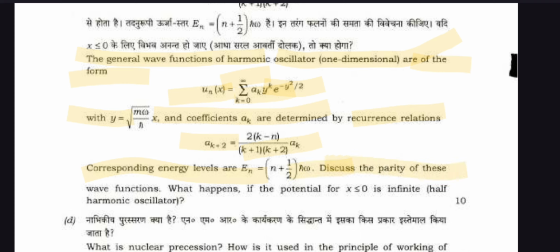Discuss the parity of these wave functions. What happens if the potential for x less than 0 is infinite for a harmonic oscillator?